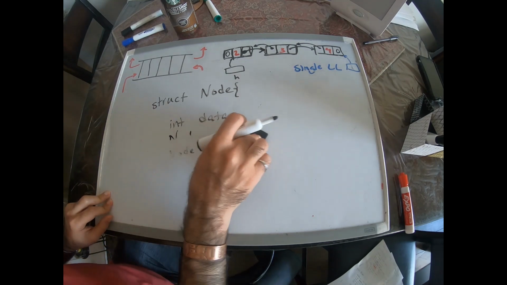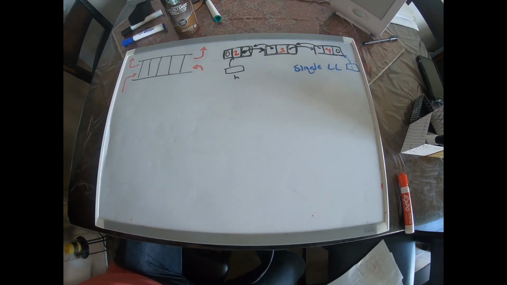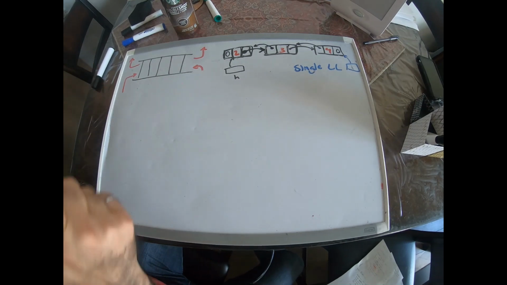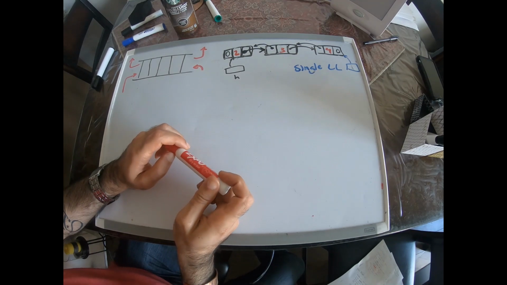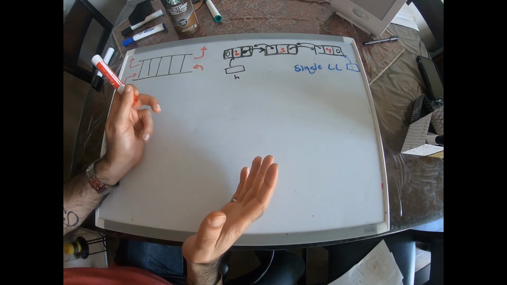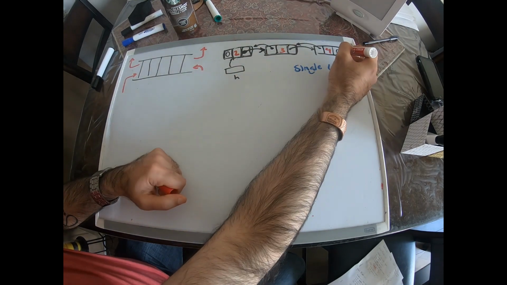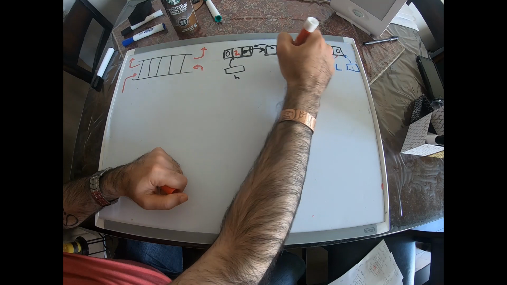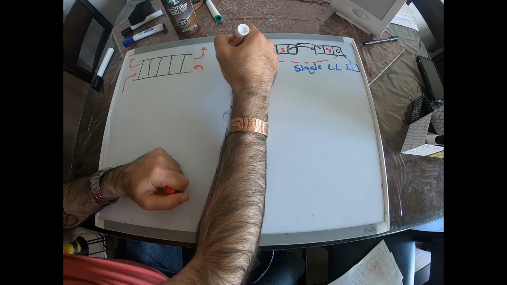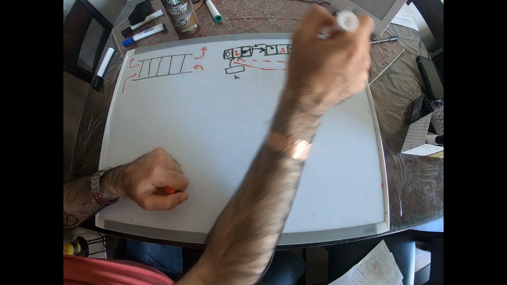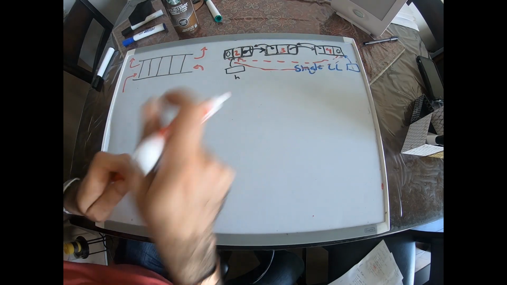Okay. Also, before I go any further, you might also hear of the concept of a circular doubly linked list, as we saw in the concept of single linked list. We saw a circular linked list, right? If it is circular, it means that instead of this being null, it's going to point to the first node, and this one is going to point to the last node. So there are two pointers connecting two nodes, right?